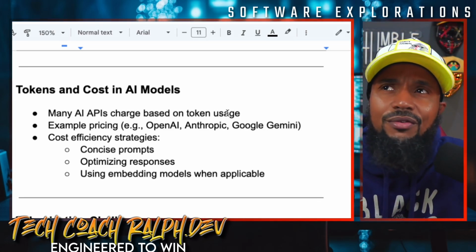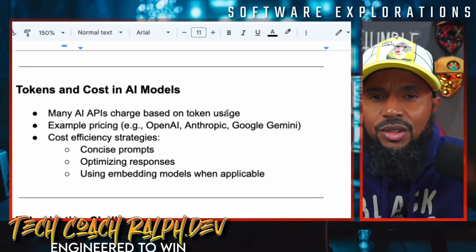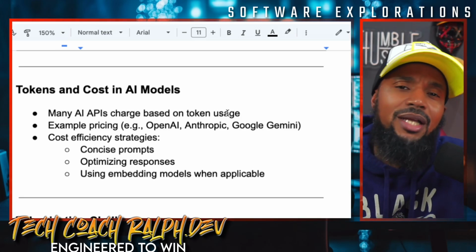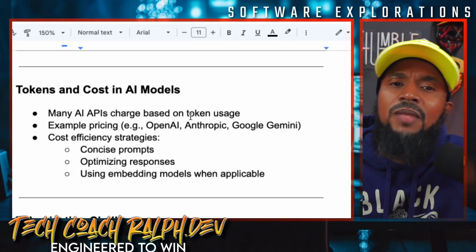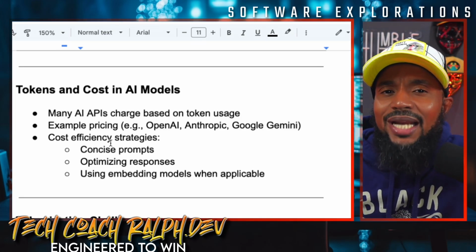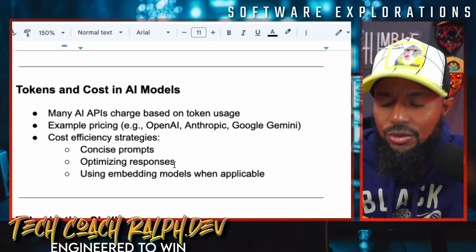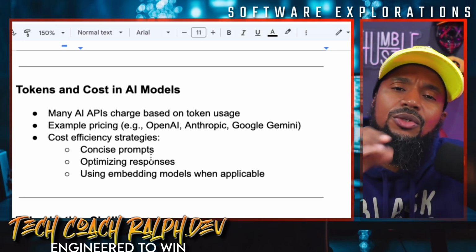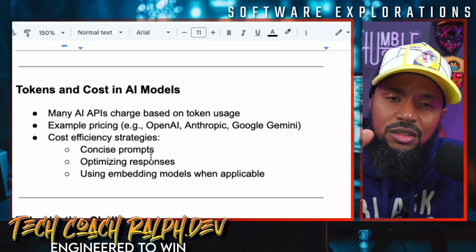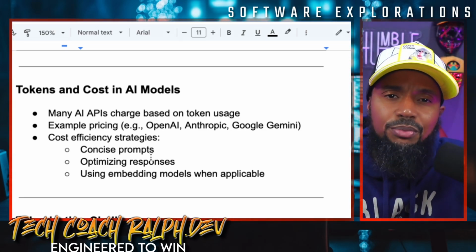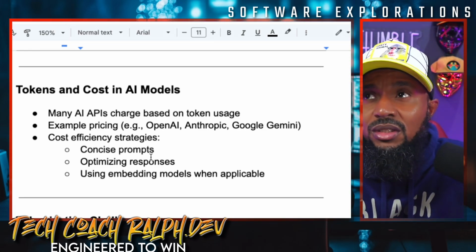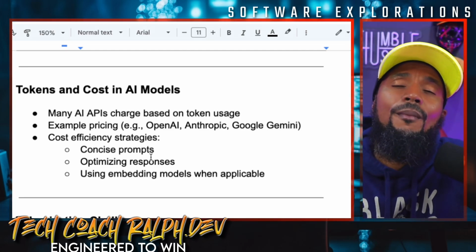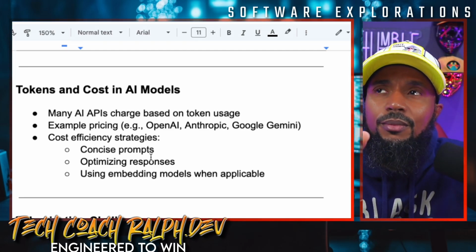Whatever other LLMs are there, you can sign up for those, and they might end up charging for their pricing as well. So what are some strategies to be more cost efficient? Concise prompting is going to help you save money, because if it is breaking up the tokens by words, subwords, characters, the more that you have, the more it's going to cost you.